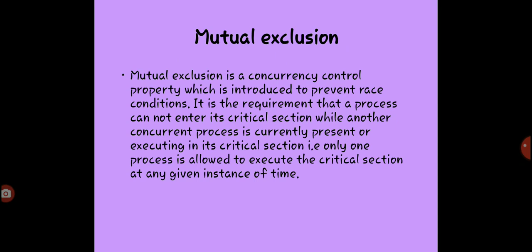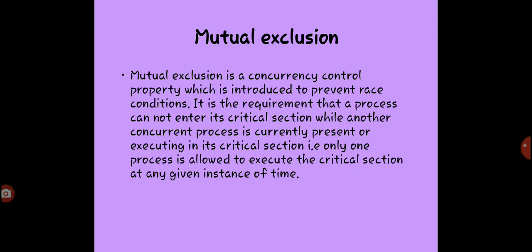Mutual exclusion is a process of handling a single resource. The resource should not be handled by more than one process at a time. If a process is using a resource, the other process should not interfere in using the same resource, right?